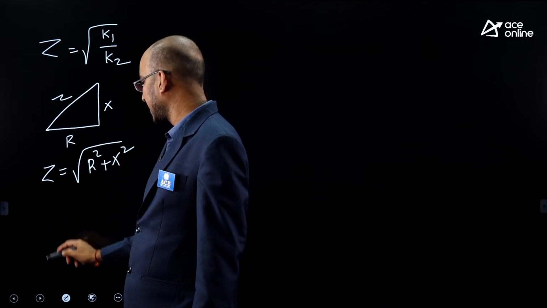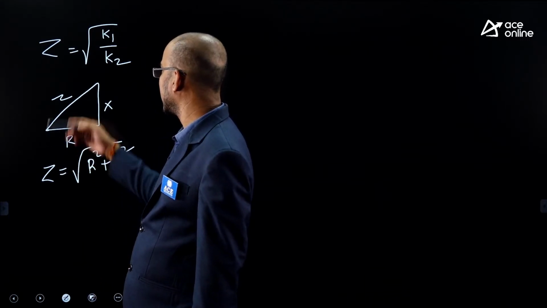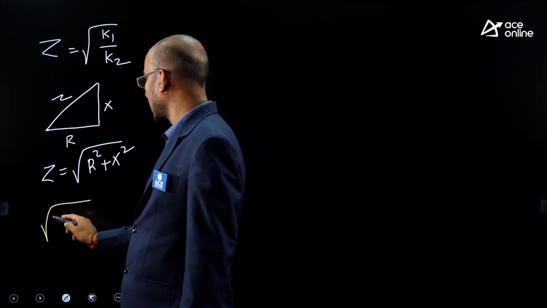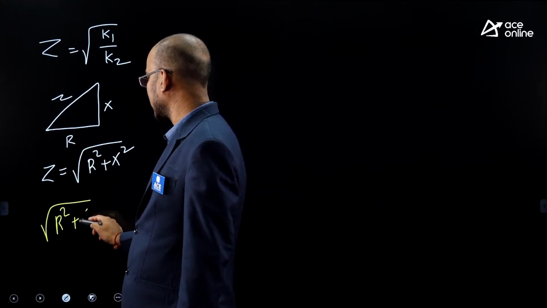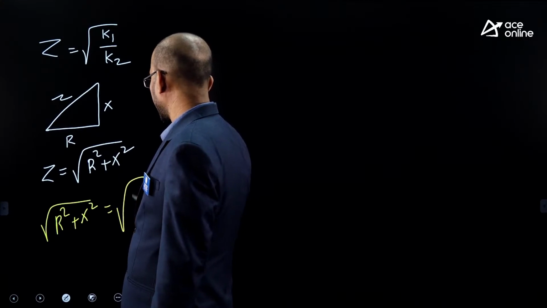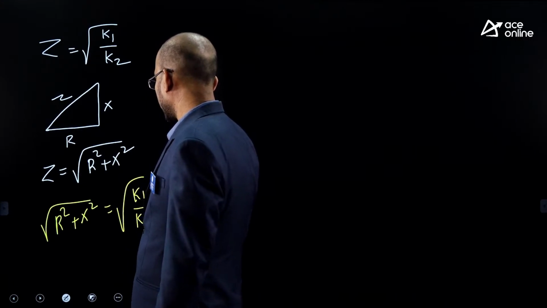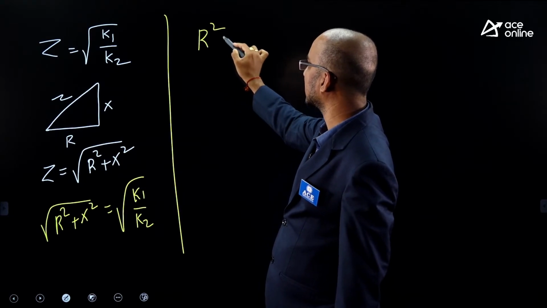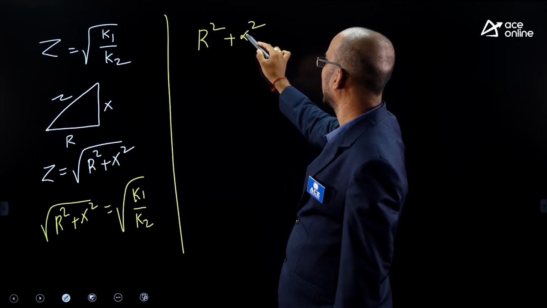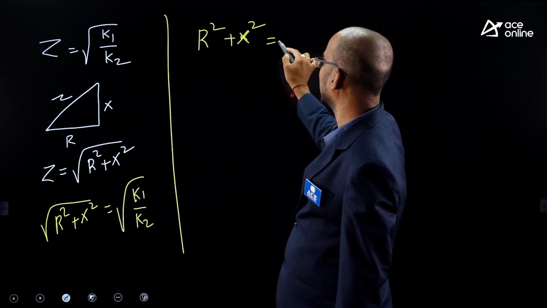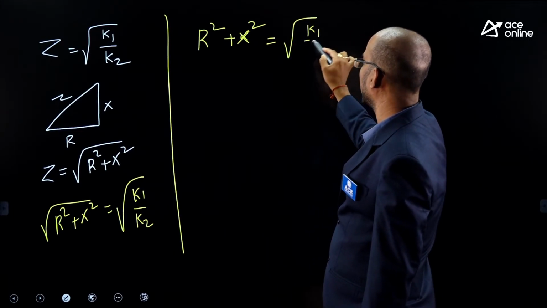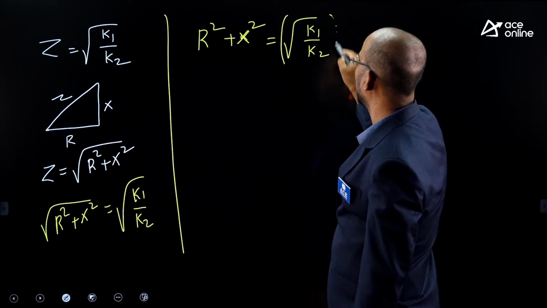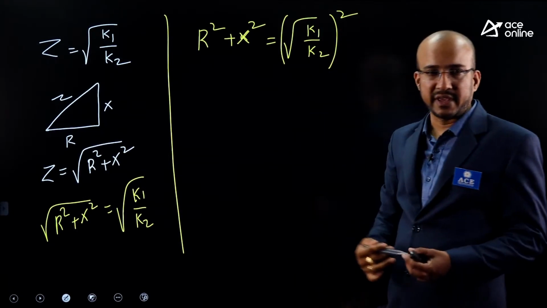So if you substitute this equation here, under root of R square plus X square is equal to under root of K1 by K2. We can simplify that and write R square plus X square is equal to under root of K1 by K2 whole square. So we got the equation.